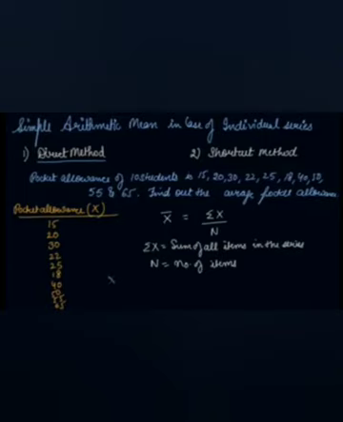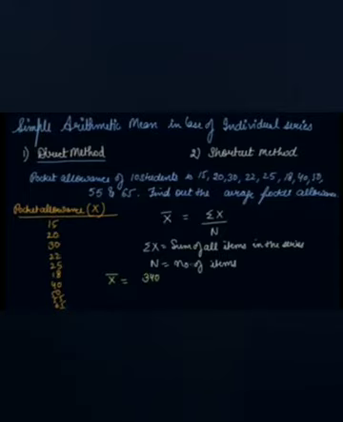In this, you can find out the X bar, that is the average pocket allowance. We have assumed pocket allowance as X. So the average pocket allowance, X bar, is equal to the sum of all the items, that is 15 plus 20 plus 30, 22 plus 25 plus 18 plus 40 plus 50 plus 55 plus 65, which comes out to be 340.